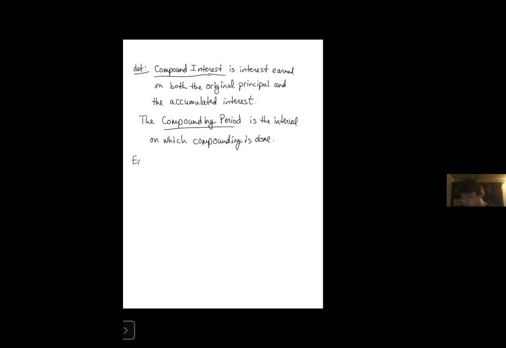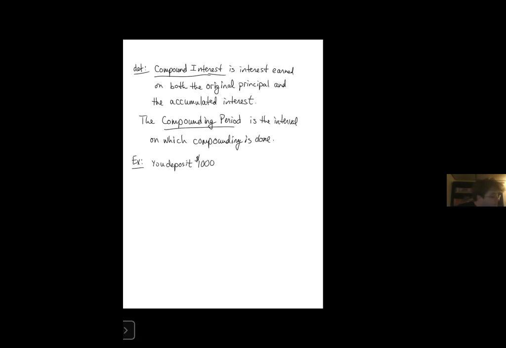So let's look at two examples and then use them to derive a formula. You deposit $1,000.